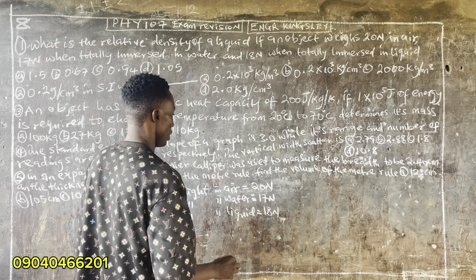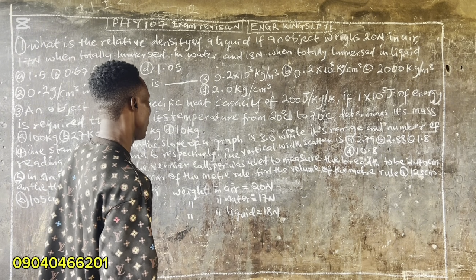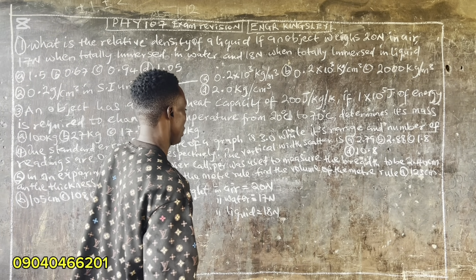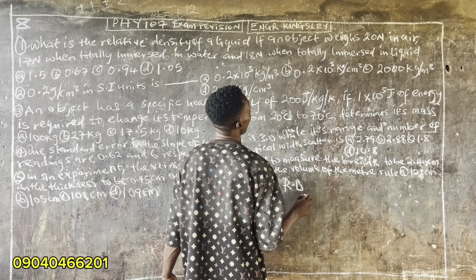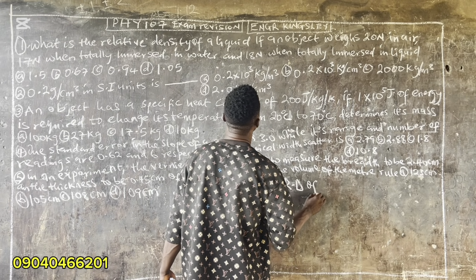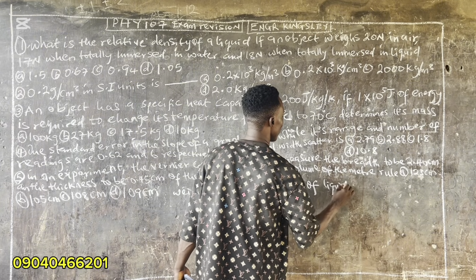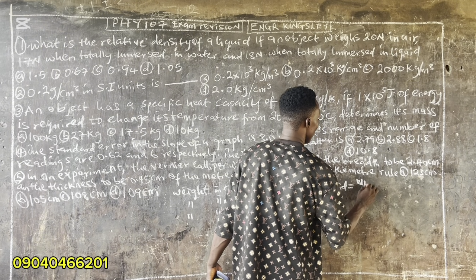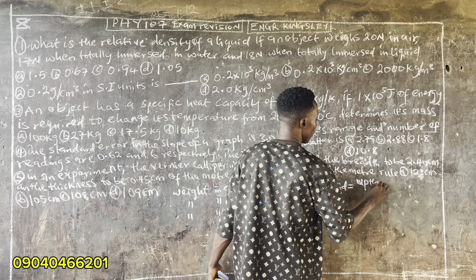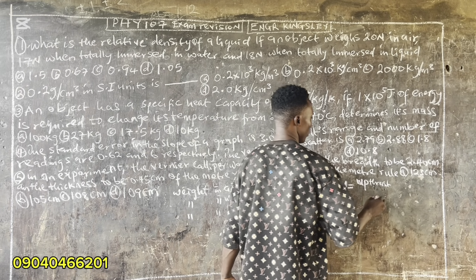Okay, the first thing we are going to do is to calculate the relative density. The relative density of liquid is upthrust. What is the meaning of upthrust? Upthrust is just simply talking about weight loss.